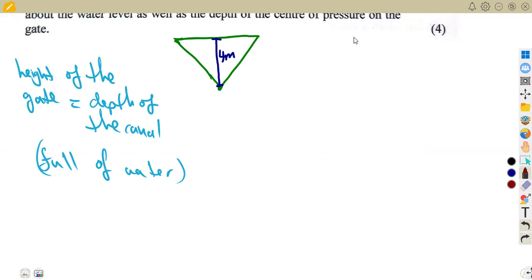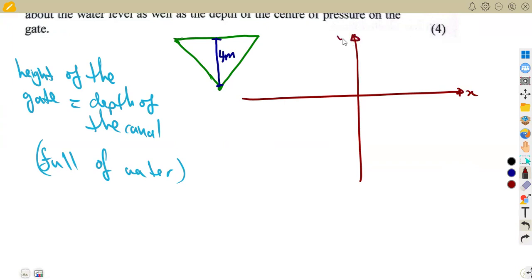So meaning to say our diagram is going to be like this. We are going to have our triangle this way, covered from 0 to -4, because the height, also the depth of the canal is also 4 meters. So it will be covering up to this point like this, right?